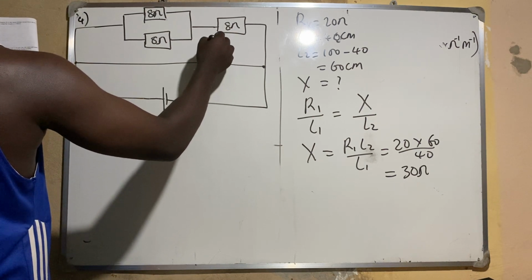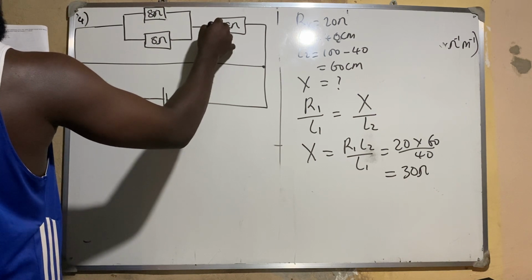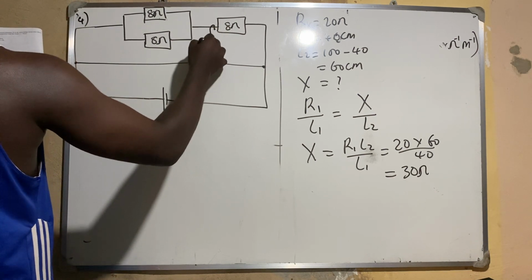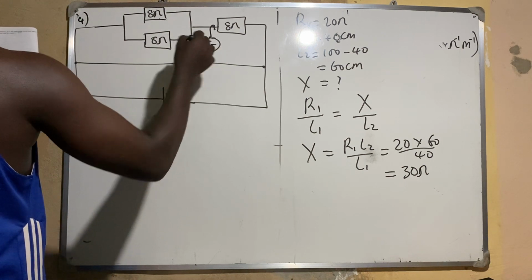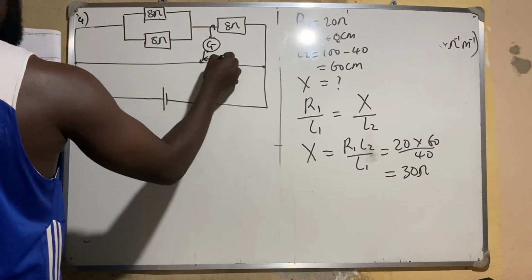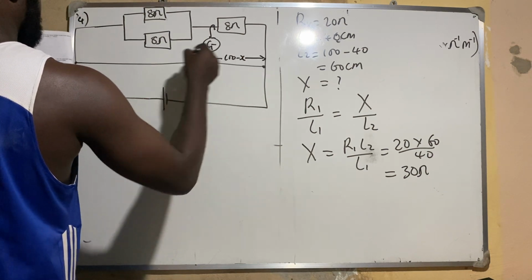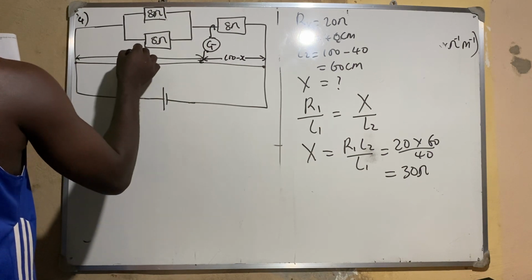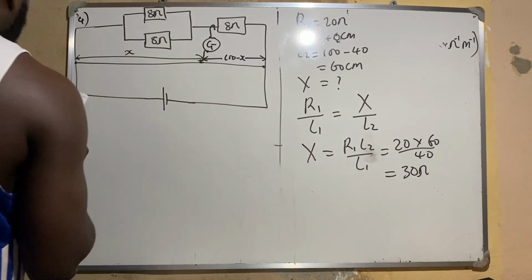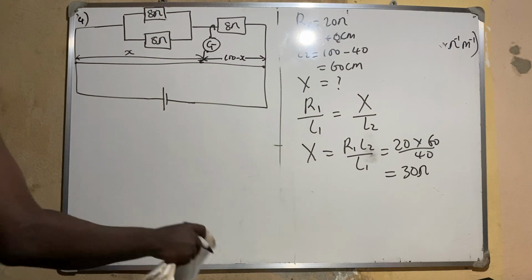This is my G connected somewhere like this. Then I say that from here to here is 100 minus x, and from here to here is my x. Then I say find the value of x.